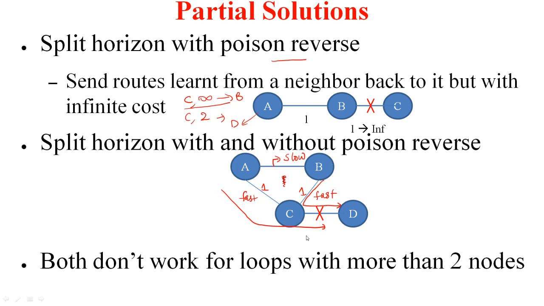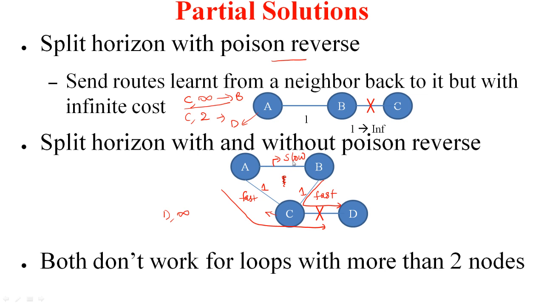Now suppose this link were to fail and C is going to send a triggered update saying that I can reach D at a cost of infinity. So this is going to be sent over these fast links. But just before that happened, let's say A sent a periodic update to B and B sent a periodic update to A, but this is still traveling over this extremely slow link.